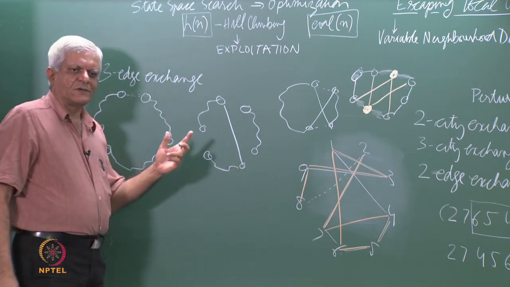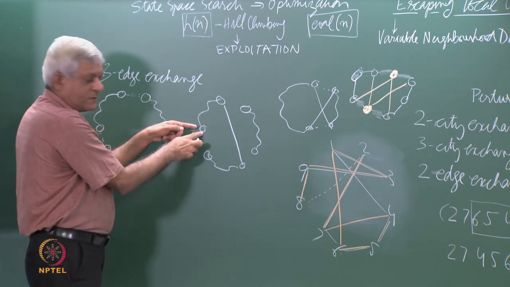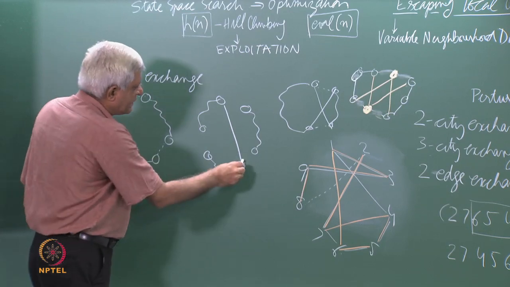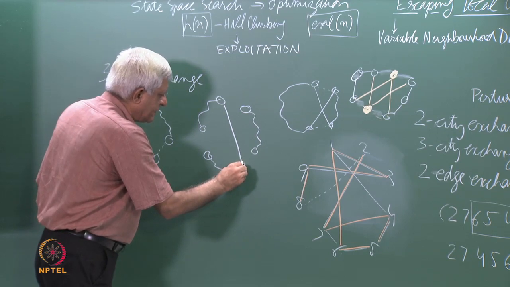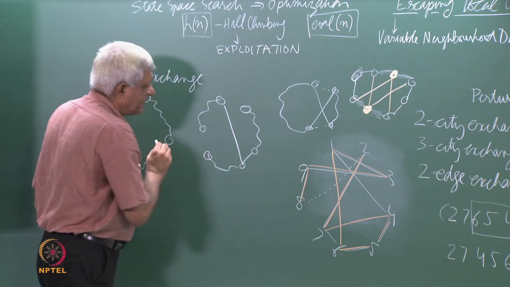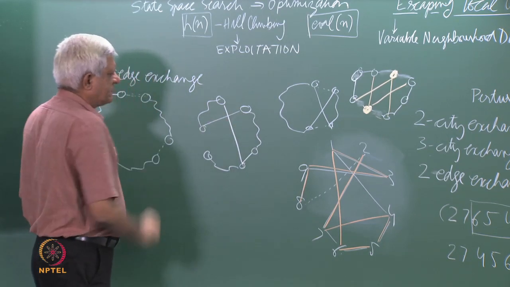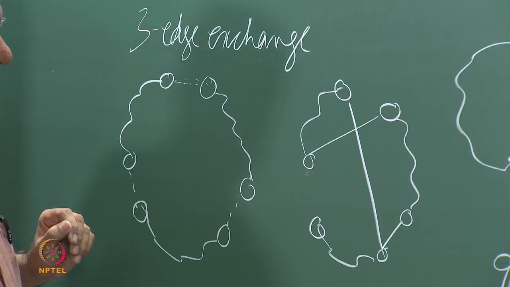So, you must be careful not to form a cycle. So, from here I cannot go to this, so that is not allowed. So, from here I can go to, let us say this, and here I can go to this. No, something is wrong. No?